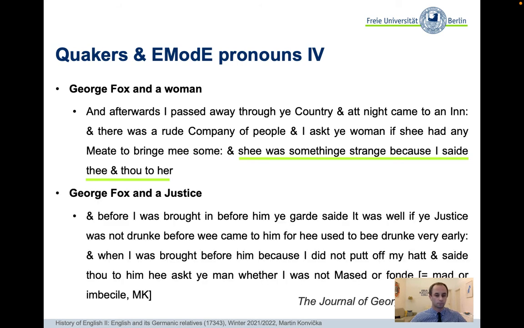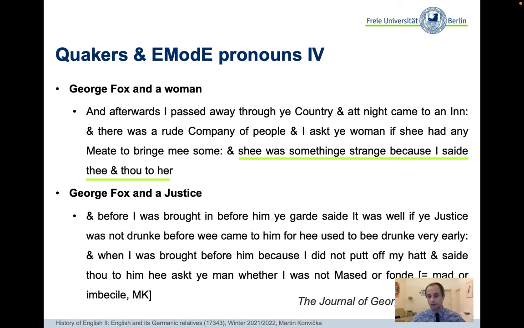Then another incident when George Fox met a judge, and he wrote the following: and before I was brought in, the guard said, it was well if the justice was not drunk before we came to him, for he used to be drunk very early. And when I was brought before him, because I did not put off my hat and said thou to him, he asked the man whether I was not mazed or fawned.